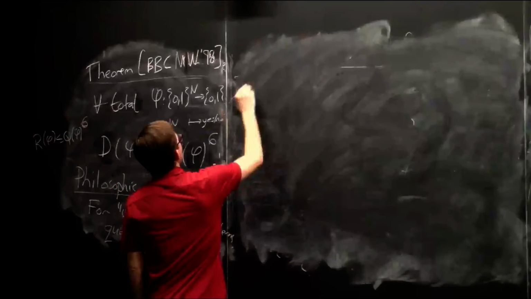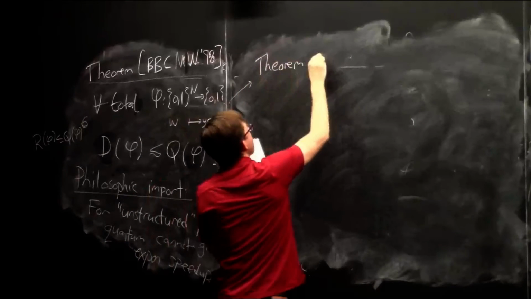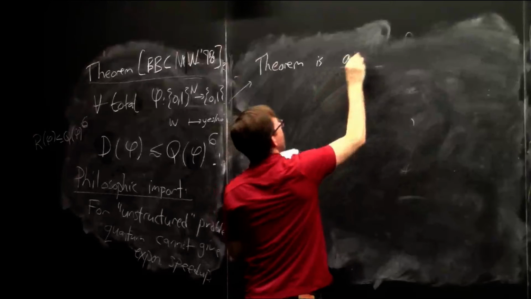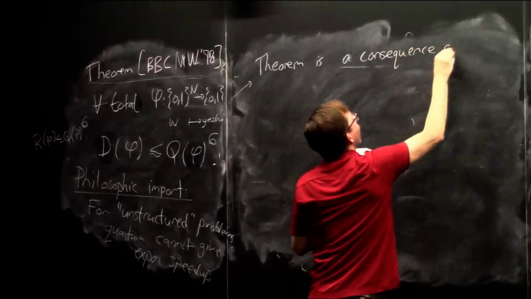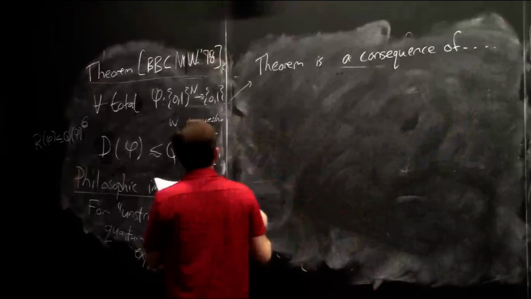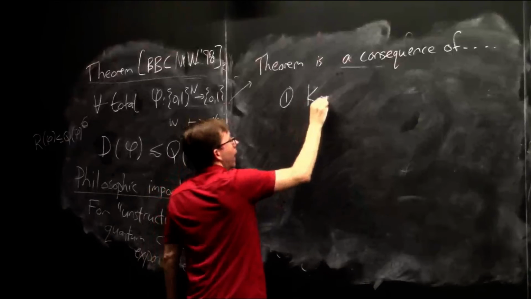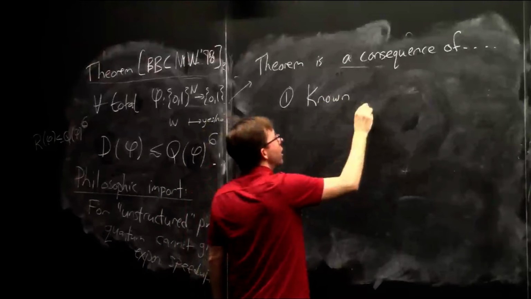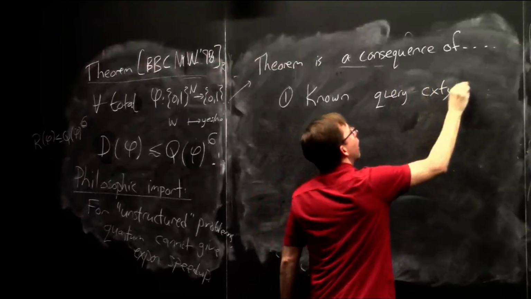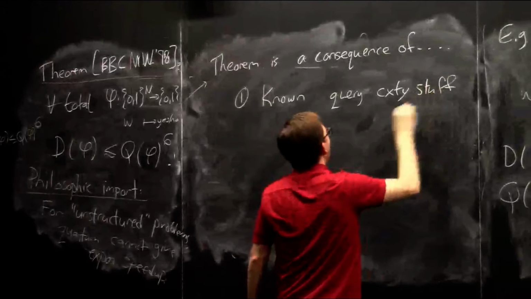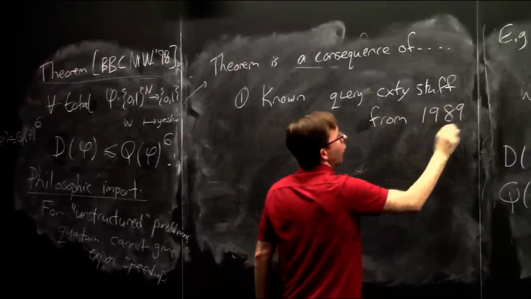So this theorem is a consequence of two things. You get it by combining two things. One, and I'll get into more detail in a second, is known query complexity stuff from like 1989, having nothing to do with quantum.